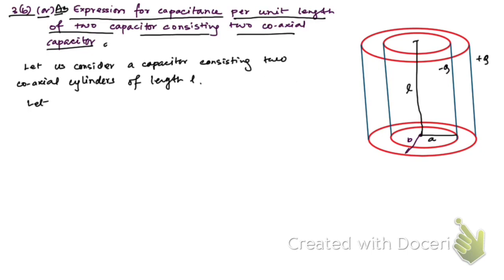Let A be the radius of the inner cylinder and B be the radius of the outer cylinder. Let me consider that way. And lambda is the charge per unit length.